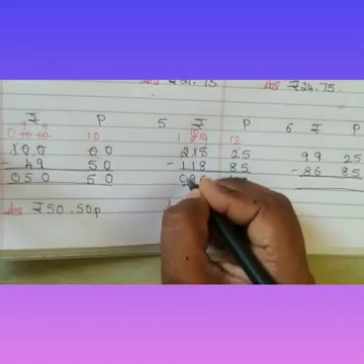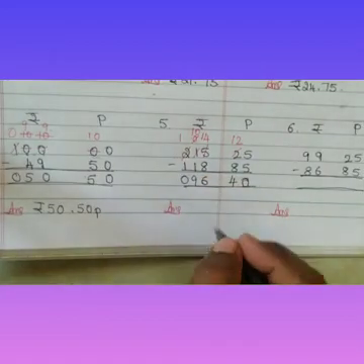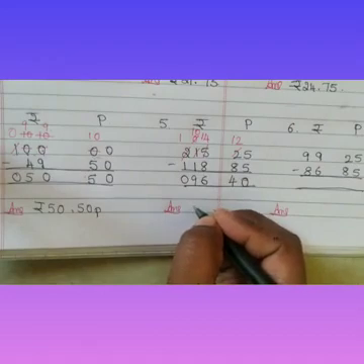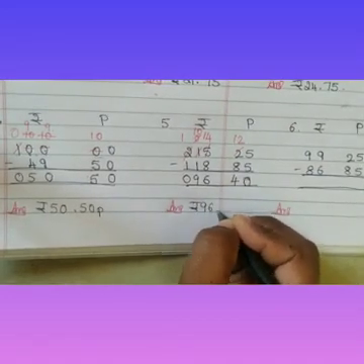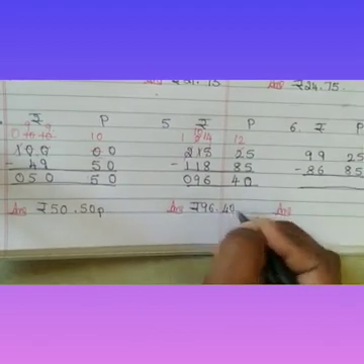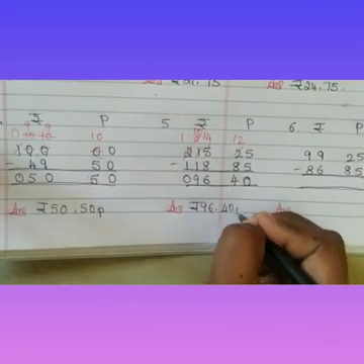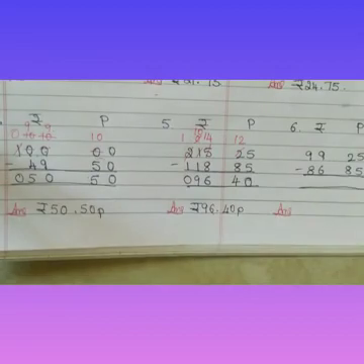So you will write here 0. In the answer place you will write in the paise way. So you will write 96 rupees and 40 paise. We are writing in rupees and paise way.